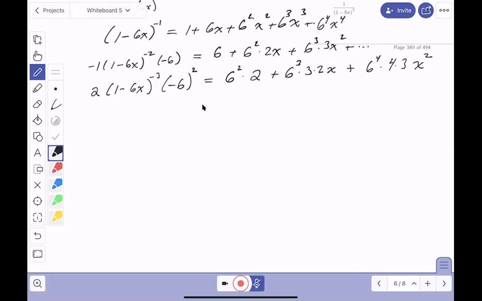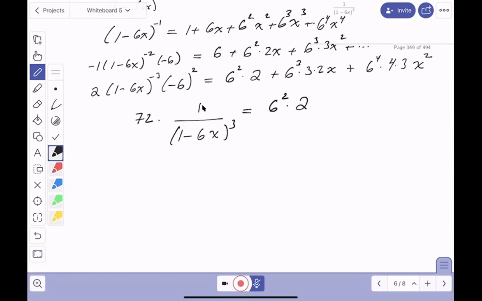Well, you get 36 times 2, which is 72, right? Times 1 over 1 minus 6x to the third power is equal to 6 squared times 2.